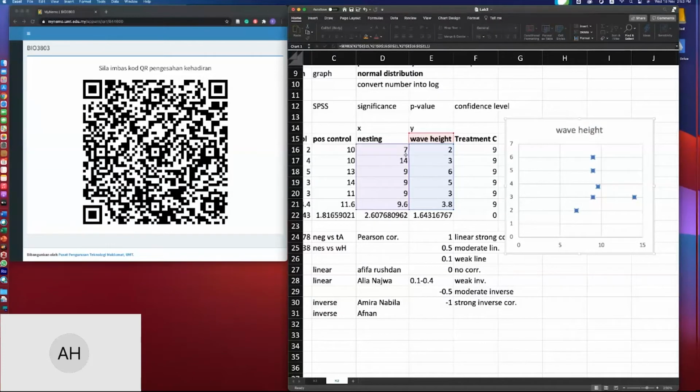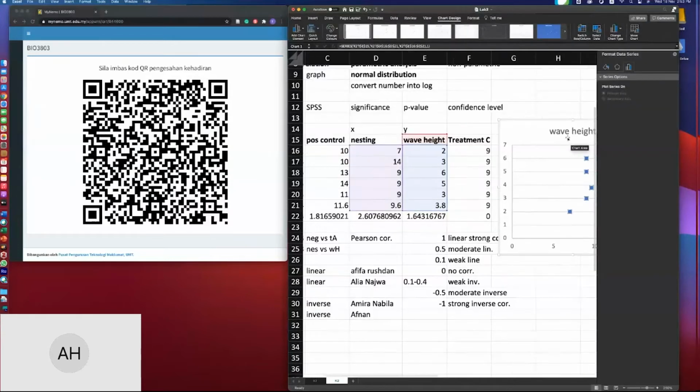In this instance, we have the 14, these are your x-axis. So the x-axis is your nesting and the y-axis is your wave height. In this particular instance, in order to observe the relationship between these two factors using regression, you double click.